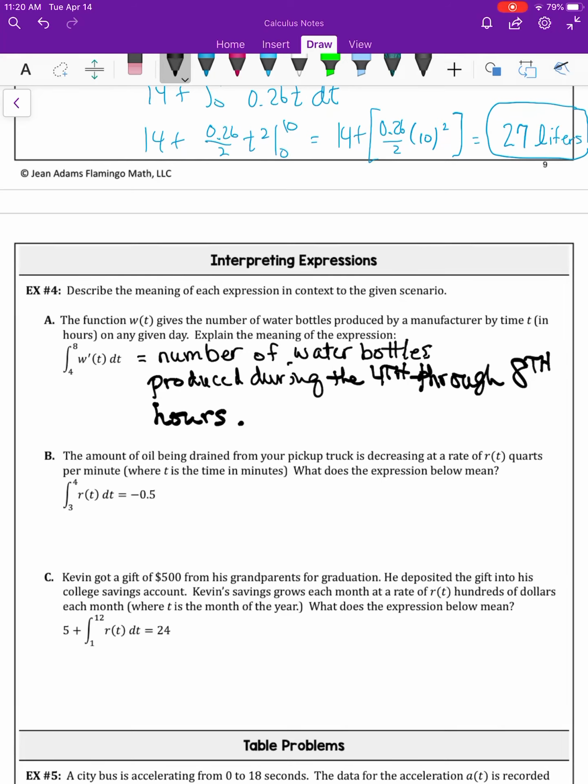Because this is going to be water bottles per hour. And so if I integrate, I'm going to get number of water bottles.